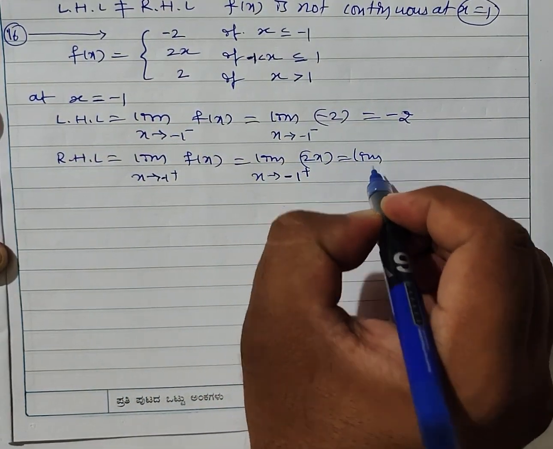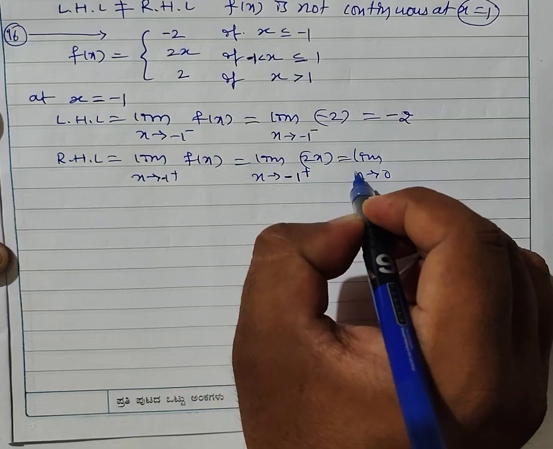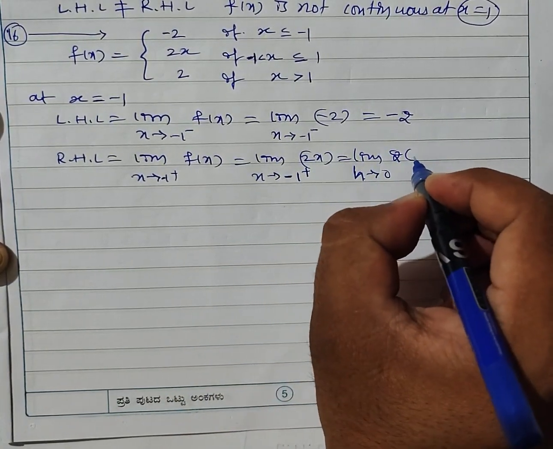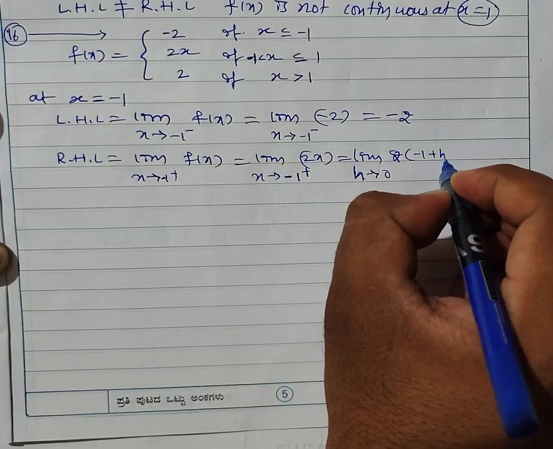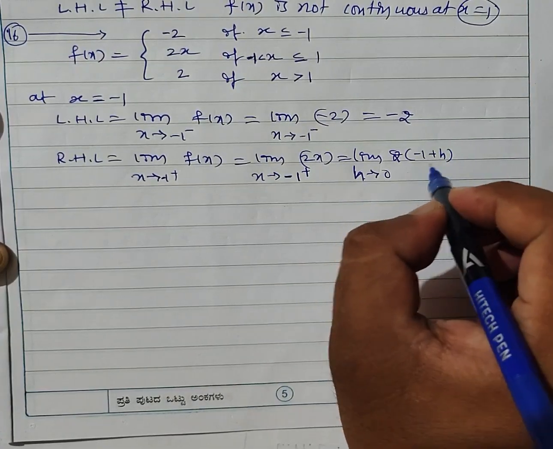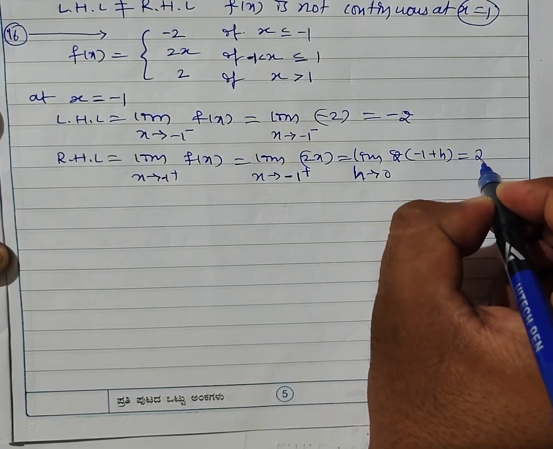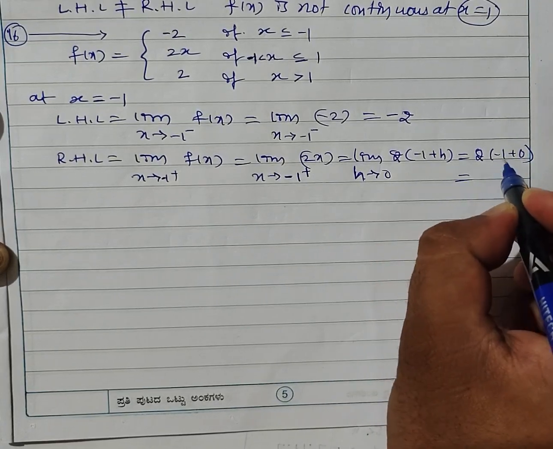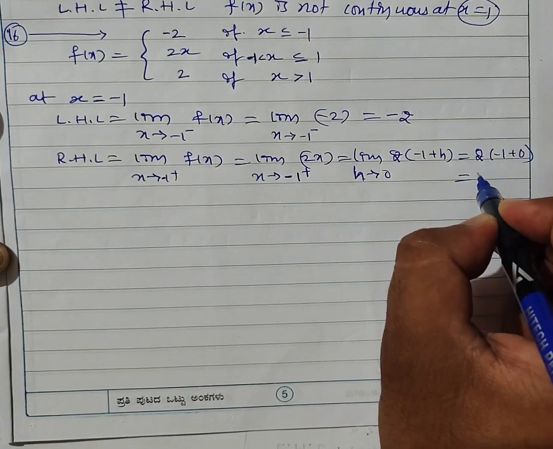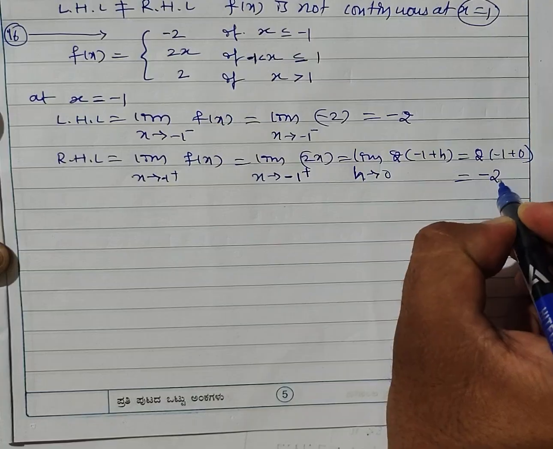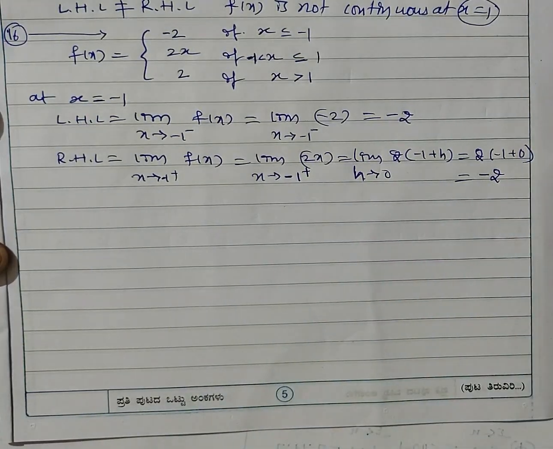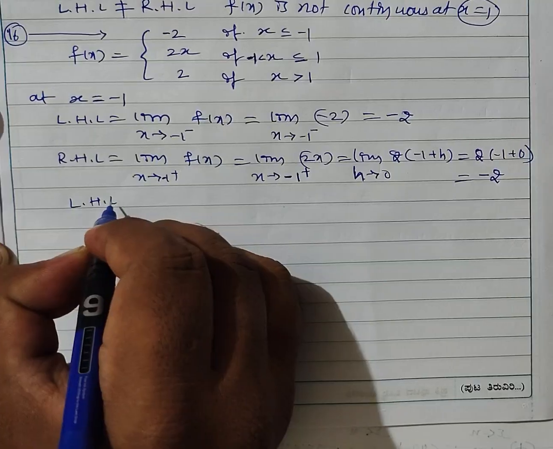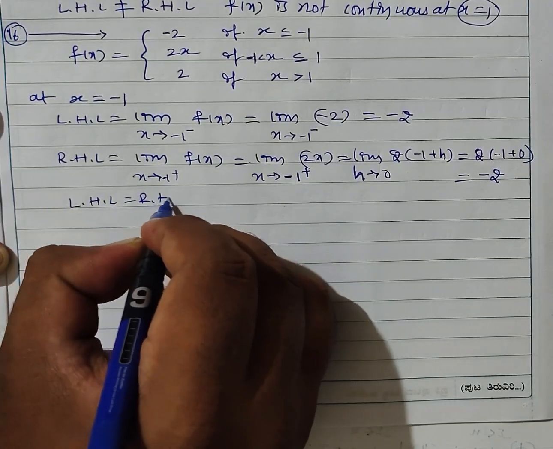Now limit h tends to 0. Change the x value, x becomes what? -1 plus h. Okay, right. So substitute the limit value, 2 into -1 plus 0. It should be what? -1 plus 0 means -1. 2 into -1 is -2. Okay, right hand limit is -2. So left hand limit is equal to right hand limit.